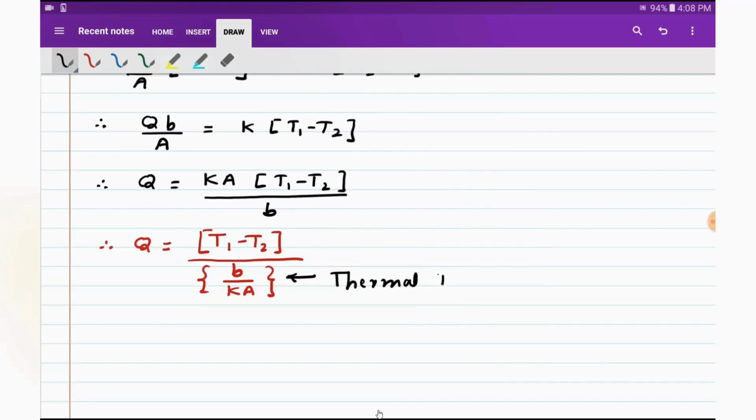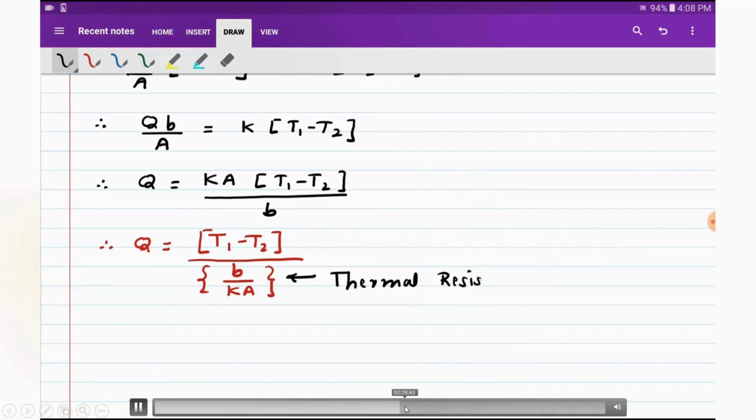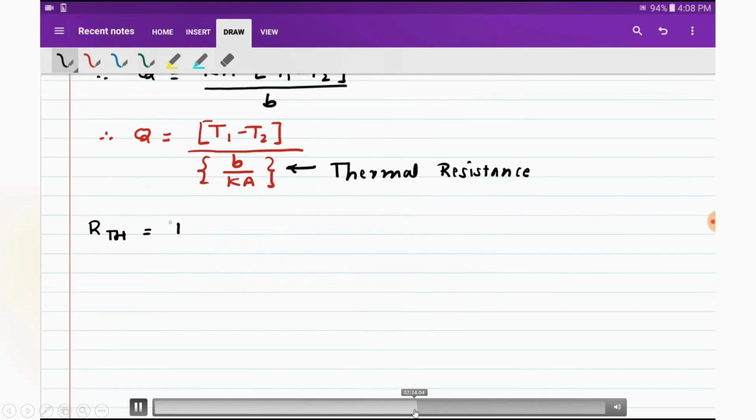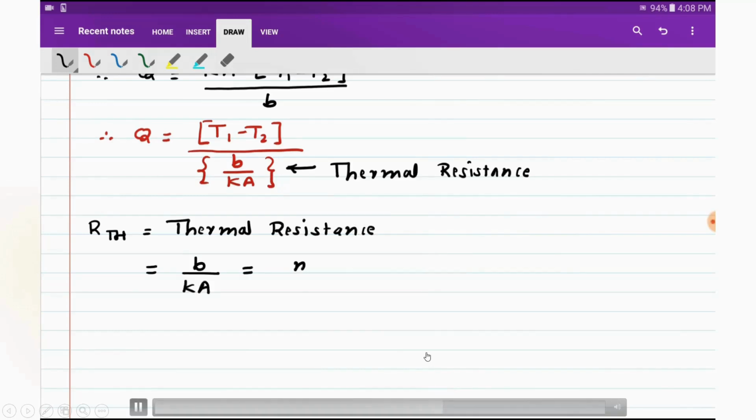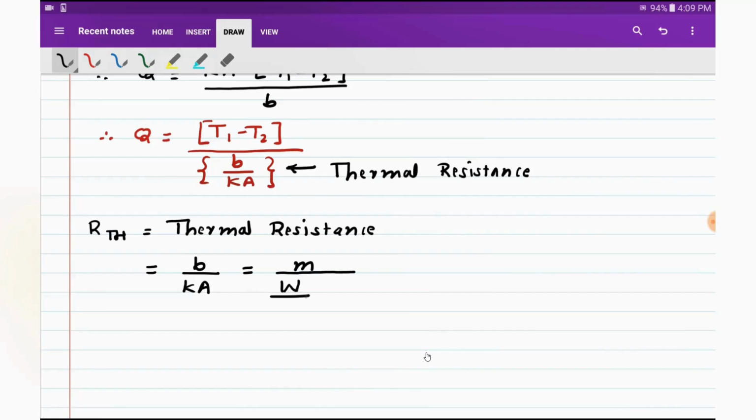And this particular term is known as what? It is the thermal resistance according to the electrical analogy. And the units for this thermal resistance are: width b is in meter, thermal conductivity k is in watt per meter Kelvin, and area is in meter square.